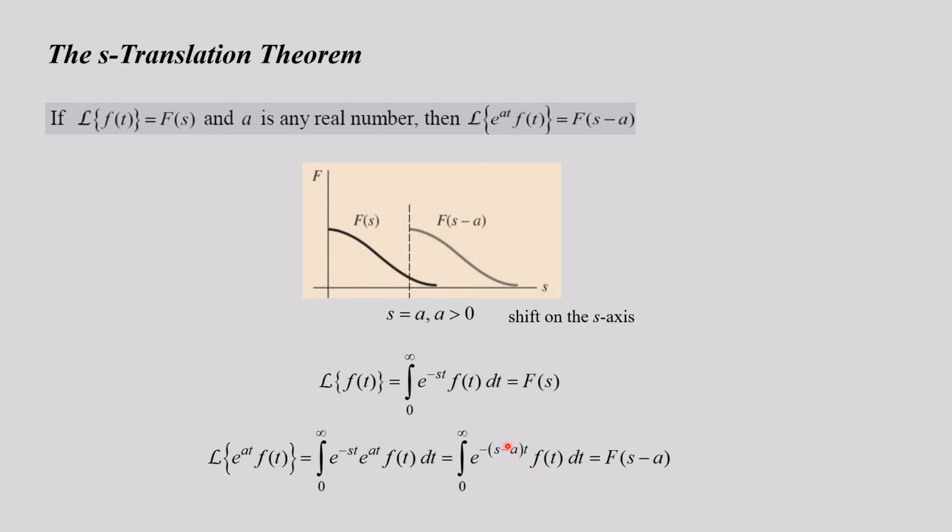And when you compare between these two, the only difference is the s now has been replaced by s minus a. So if this integral is equal to F of s, definitely this integral will be equal to F of s minus a. So this is the proof for the S translation theorem. The Laplace transform of e to the power of at f of t is equal to F of s minus a.